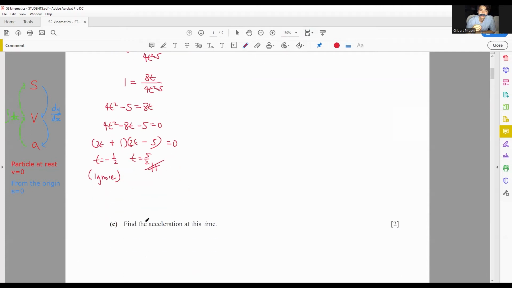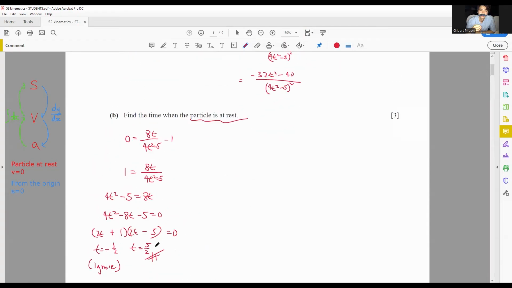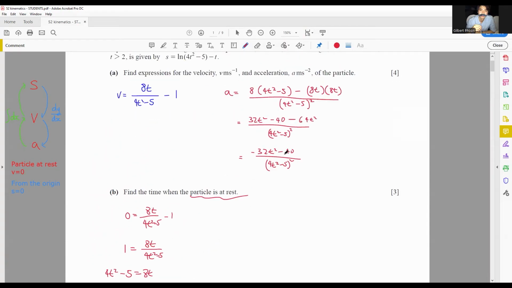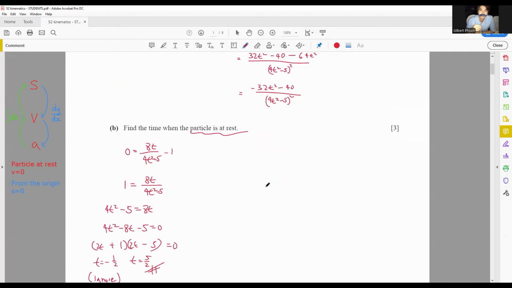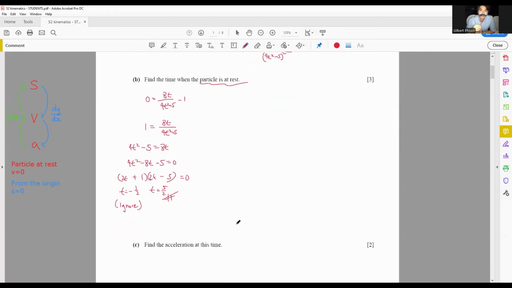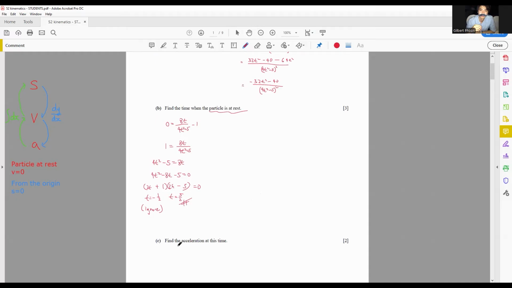Now, the next part is find the acceleration at this time. The acceleration when t equals 5 over 2, all we have to do is substitute it into the equation here. Substituting, you would have negative (32(5/2)² + 40) over ((4(5/2)² − 5))².